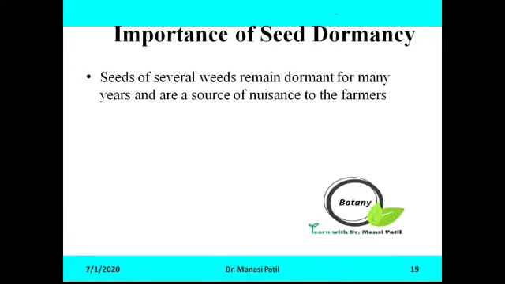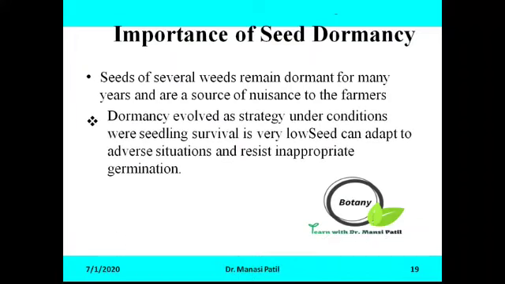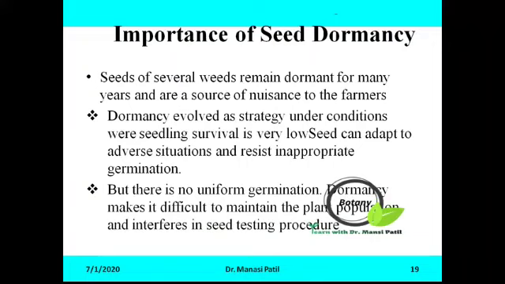Seeds of several weeds remain dormant for many years and are a source of nuisance for the farmers. Dormancy has evolved as a strategy under conditions where seedling survival is very low. Seed can adapt to adverse situations and resist inappropriate germination. But there is no uniform germination.